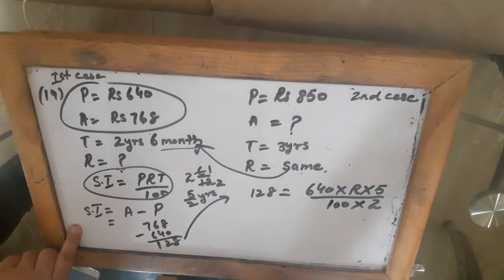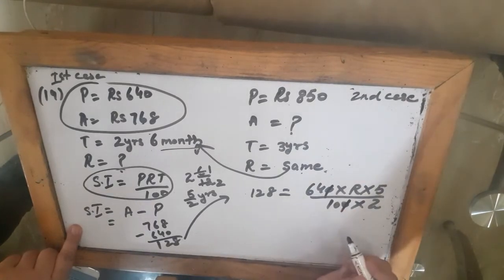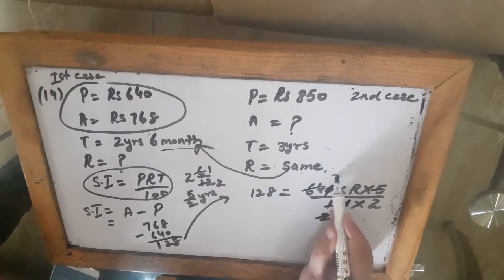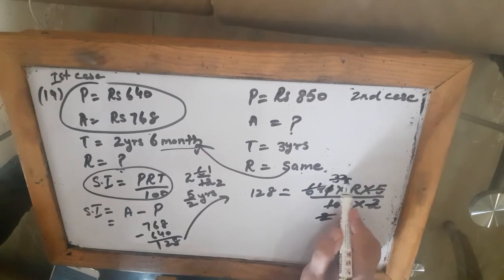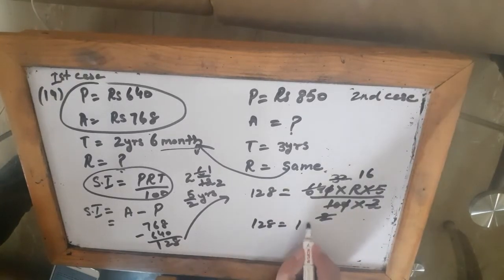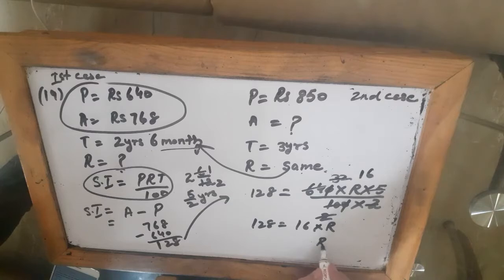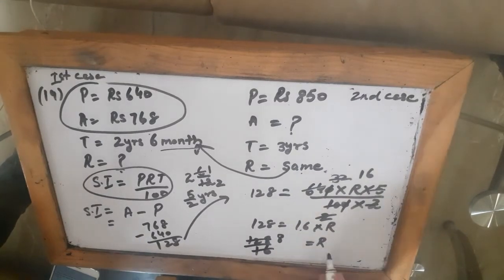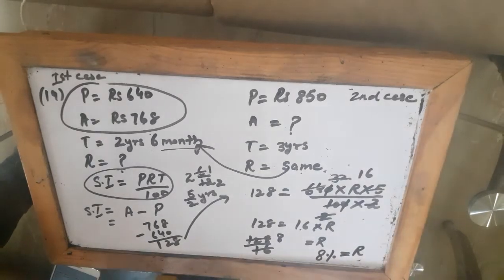Now when you solve, the zeros get cancelled, and 128 is equal to 16 into R, so R is 128 divided by 16. 16 8s are 128. I have found the R, that is 8%.